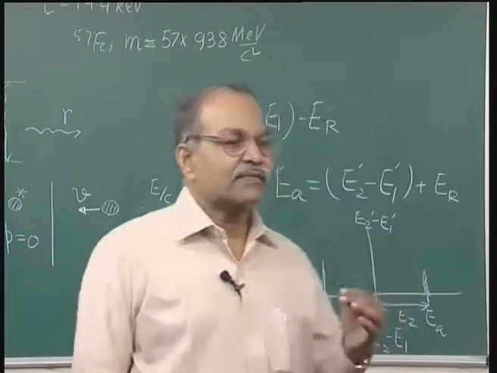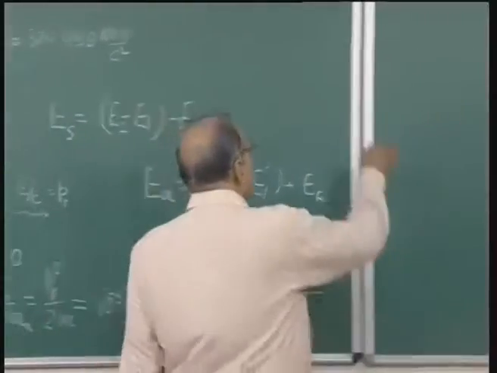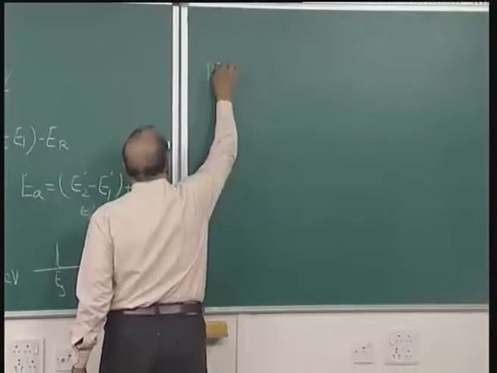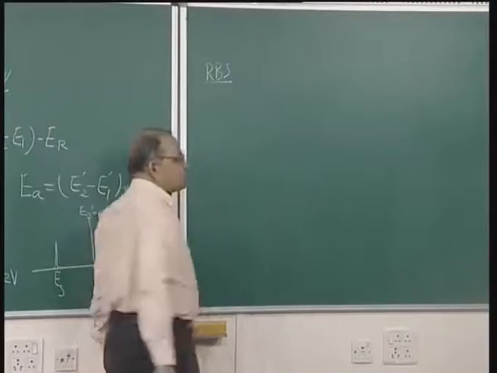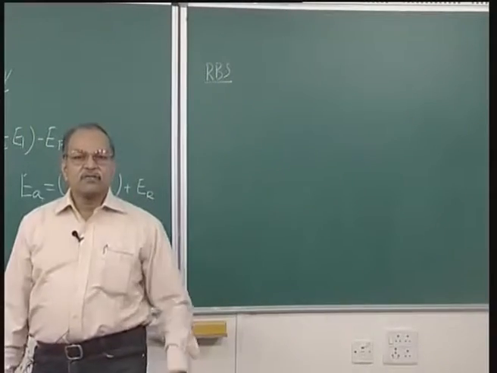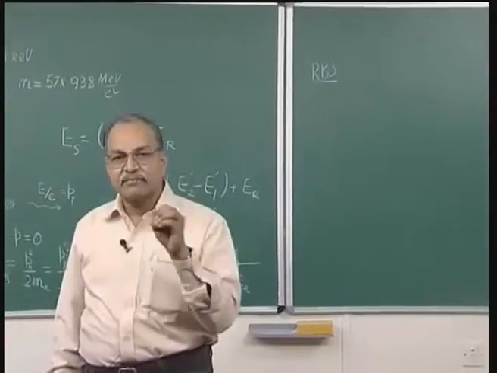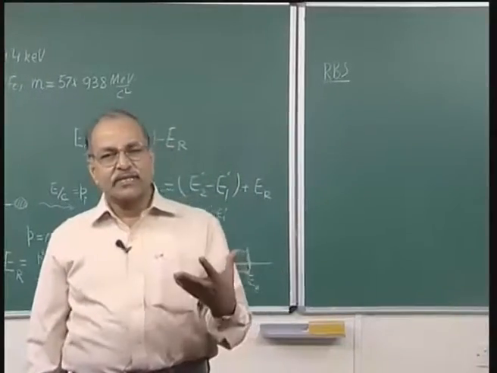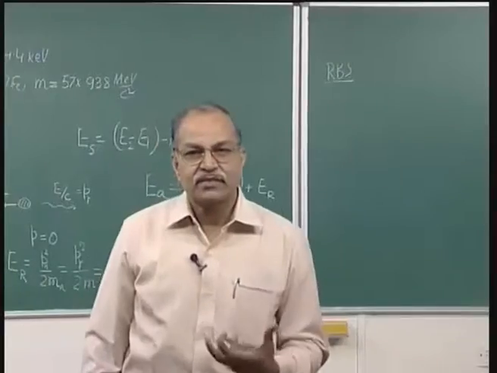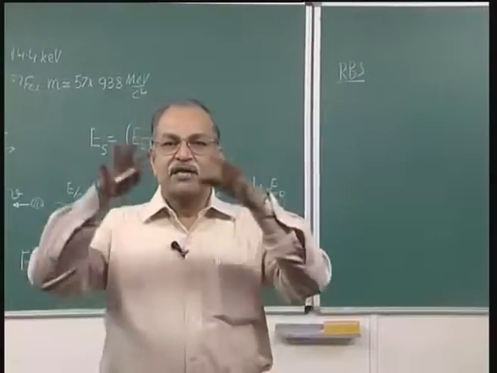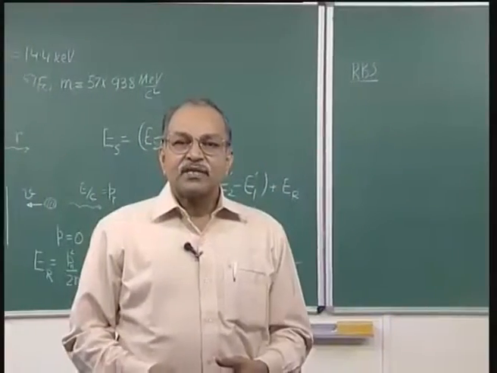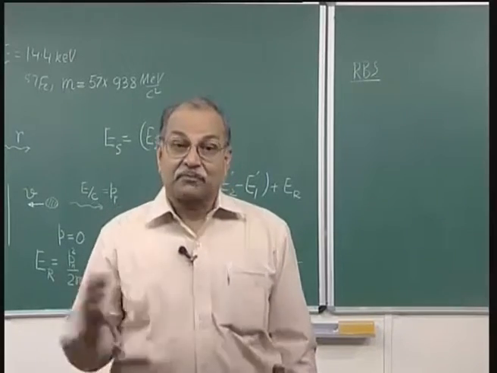So, what is this RBS used for? RBS is used for finding the composition of certain trace elements, not really trace, can be higher concentrations also, in some kind of solid matrix as a function of depth.